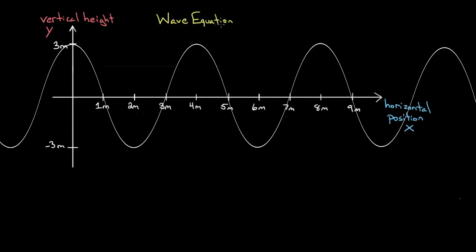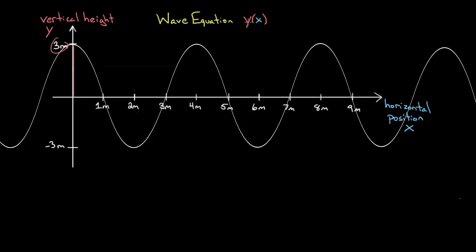And so what should our equation be? It should be an equation for the vertical height of the wave that's at least a function of the position. So this y is a function of x, not multiplied by, so that I get a function where I can plug in any position I want. Let's say x equals 0, and it should tell me, oh yeah, that's at 3.